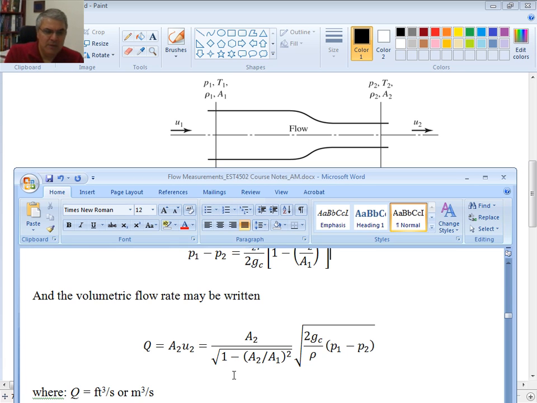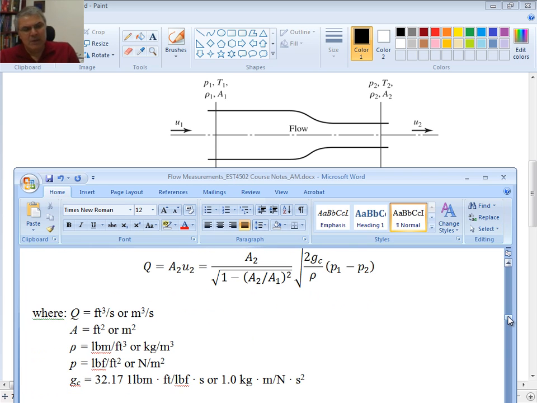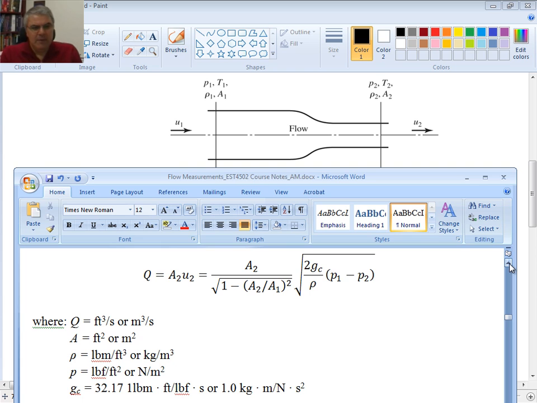Again, we take that ratio of the area at 2 by the area at 1, depending on whether A1 is greater than, smaller than, or equal to A2, and the whole scenario would be different. That's how we do this type of calculation. We spell out all these terms here: Q is in cubic feet per second or cubic meters per second, and A is the area in square meters or square feet.